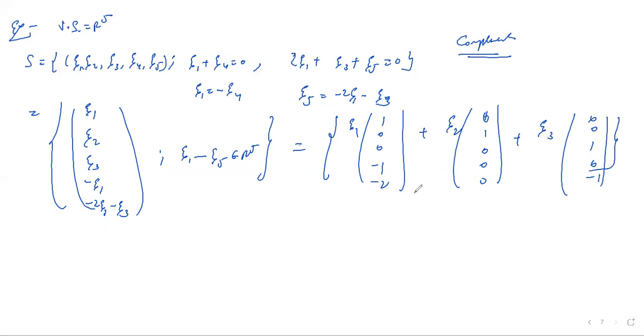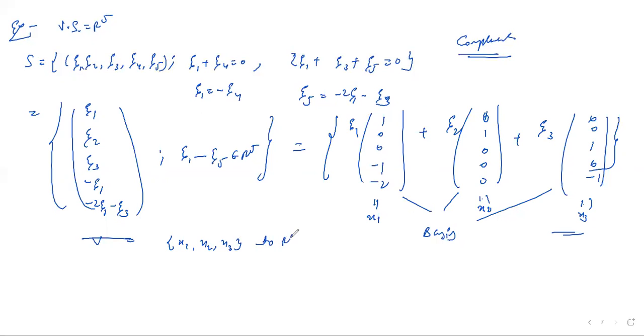So these are our corresponding basis vectors. Let's denote them as x1, x2, x3, so we have these basis vectors x1, x2, x3 in R to the power 5.